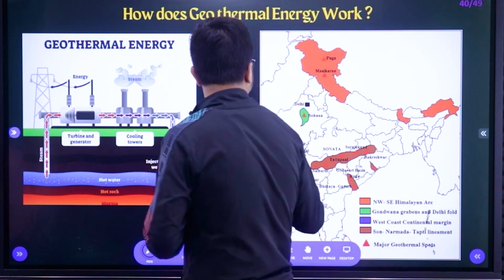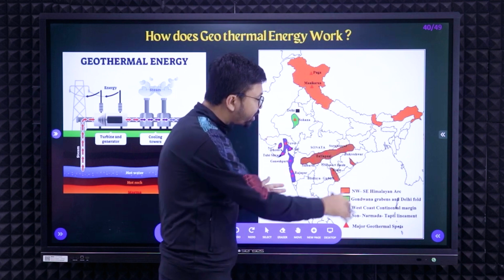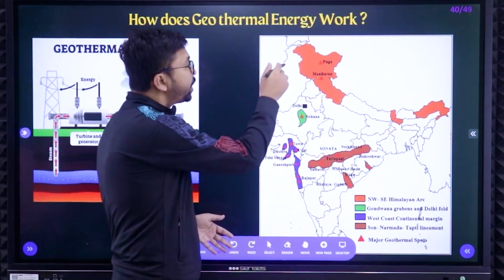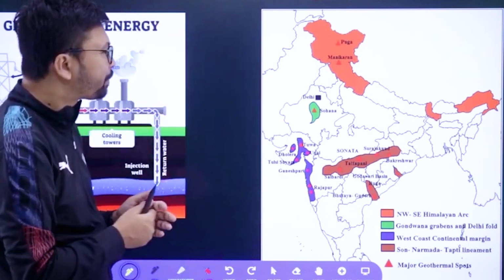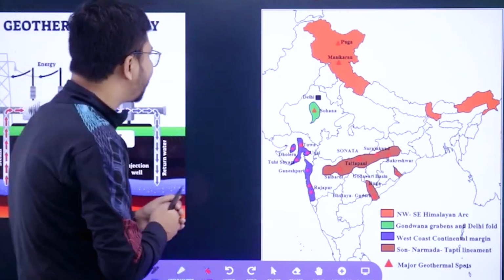That is geothermal energy. We are using geothermal energy in Ladakh, Jammu and Kashmir, and the northeastern states, right? Those are the places where we use geothermal energy much more.